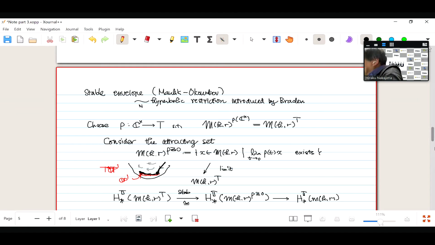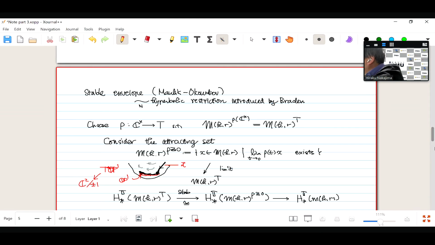And if you take a point in CP1, then it stays in CP1 by the flow, so particularly it has a limit. But you also have other points, like on this black line. This is the inverse image of the axis. This CP1 is a resolution of C2 divided by plus minus 1.